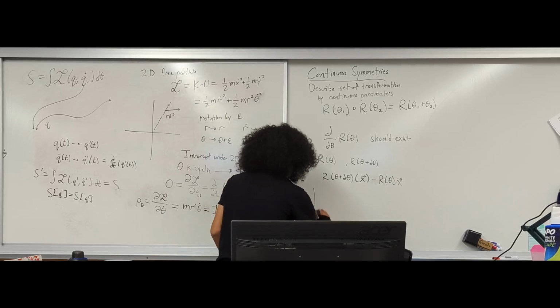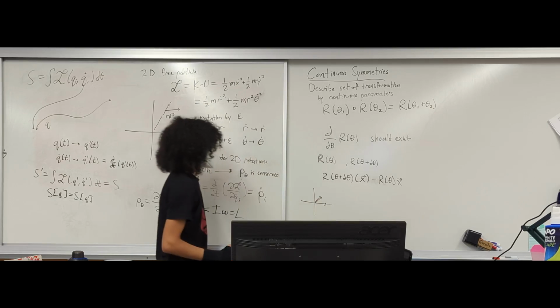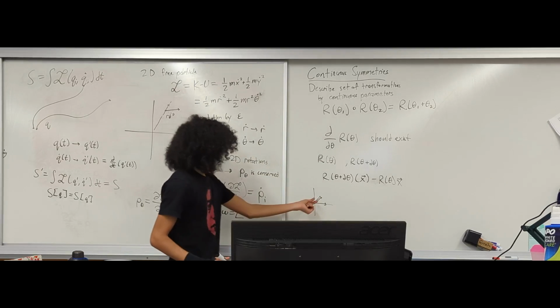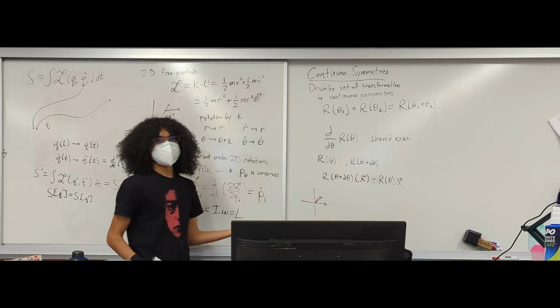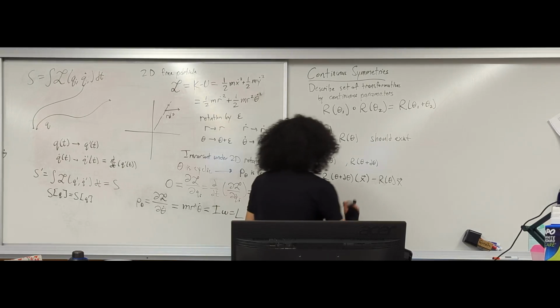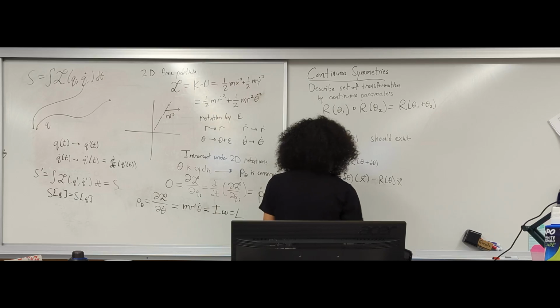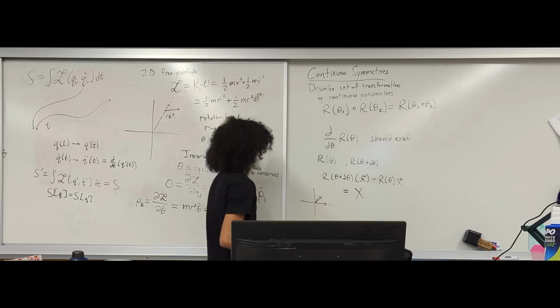So if you have this is the original vector, this is one rotation, this is a very close rotation, the length of the difference in those two should be somehow related. So I'll call this new transformation capital X.